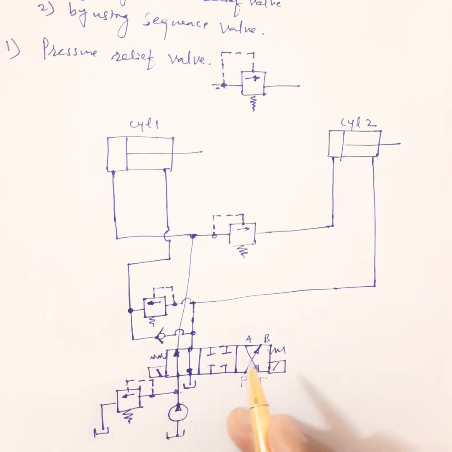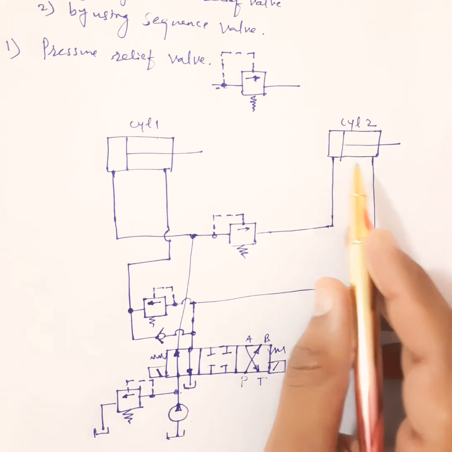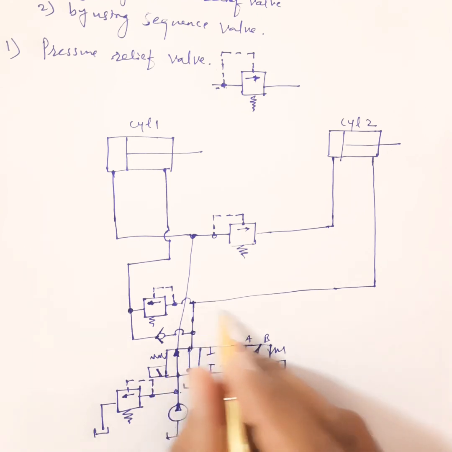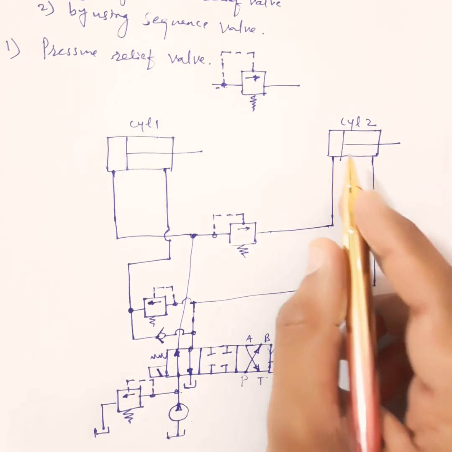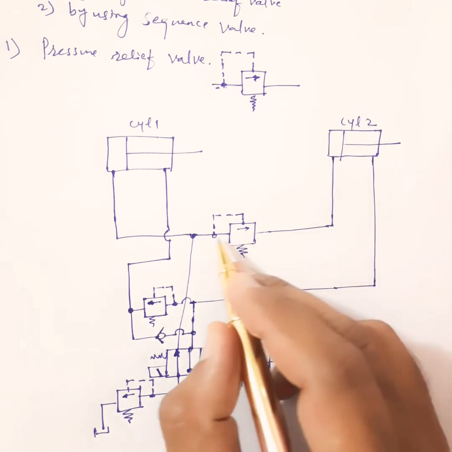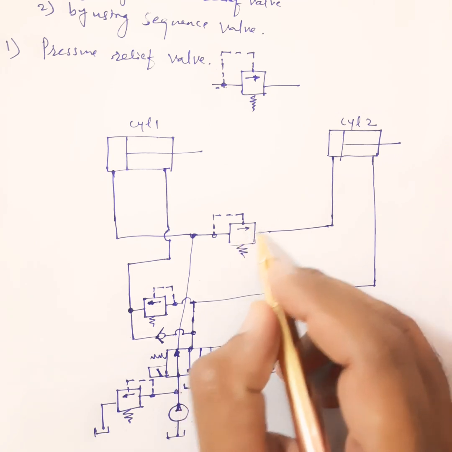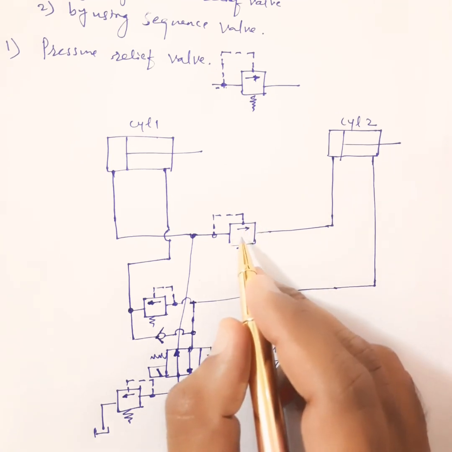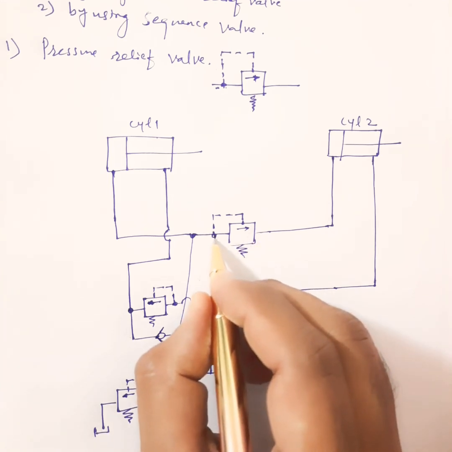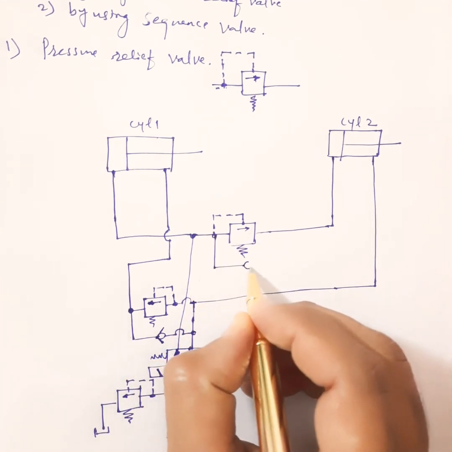Now we'll talk about the retracting motions. So when piston 2 retracts, suppose you are having the third position, in this position your DCV is there, so your pump is supplying the fluid to line B, so line B is here. When piston 2 retracts, the return fluid from the piston end of cylinder 2 should go to the tank. So here the pressure relief valve is there, and the pressure relief valve is a normally closed type of valve. So parallel to this pressure relief valve, you have to install one check valve.